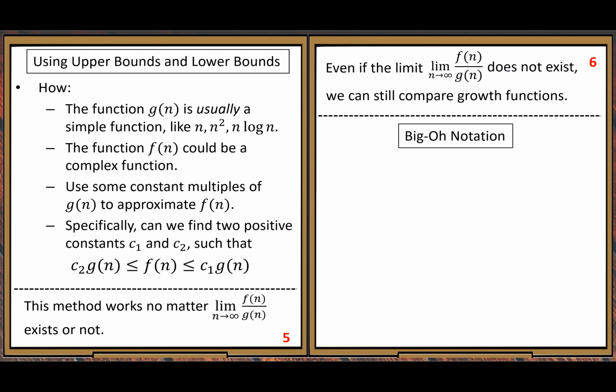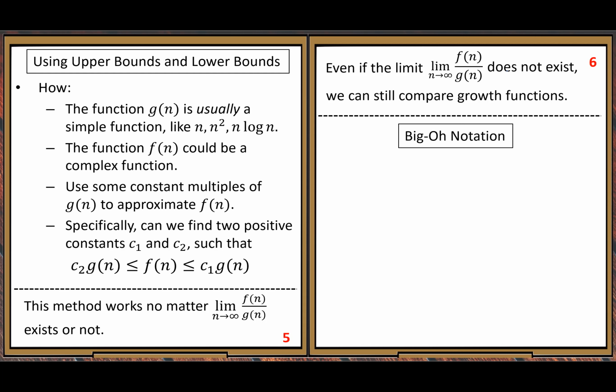Now, big O notation. Here I talk about our fourth one. We talked about little o, but here, big O. What's the big O notation? After we introduce this inequality method, now we are ready to talk about other related asymptotic notations.